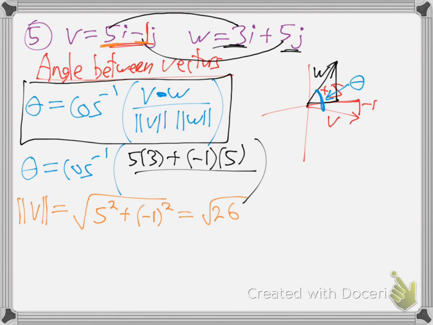The other one, the magnitude of w, is the square root of 3 squared plus 5 squared, which is 25 and 9, 34. Square root 34.